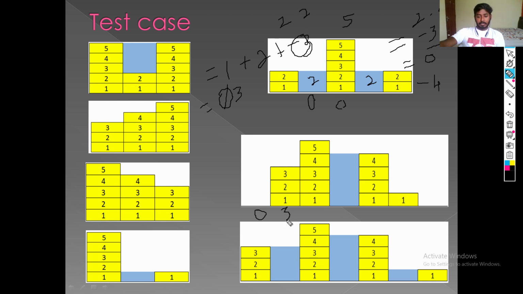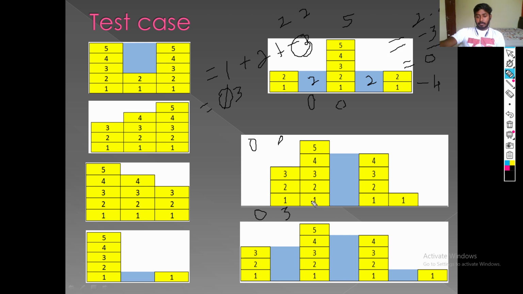Even though it is the second block number-wise, there is no other block right next to it on the left side. So it is not possible to store any water in this place. So in that place also, water storage is 0. After that, in that place also, water storage is 0.